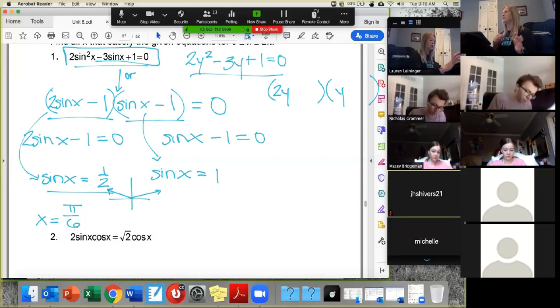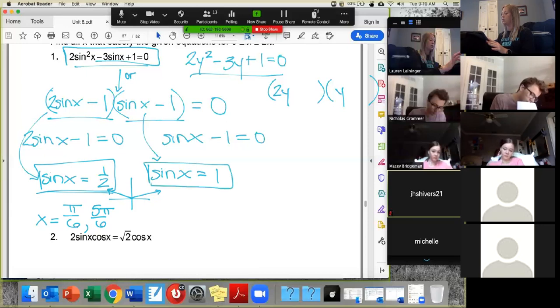So what is the pi/6 angle in quadrant 2? 5 pi/6. So that's my second answer. If I've exhausted this particular solution, then I move on to the second one. So there's only 2 places because sine is going to be negative in quadrant 3 and 4. I've exhausted that one. I move on to where is sine equal to 1.